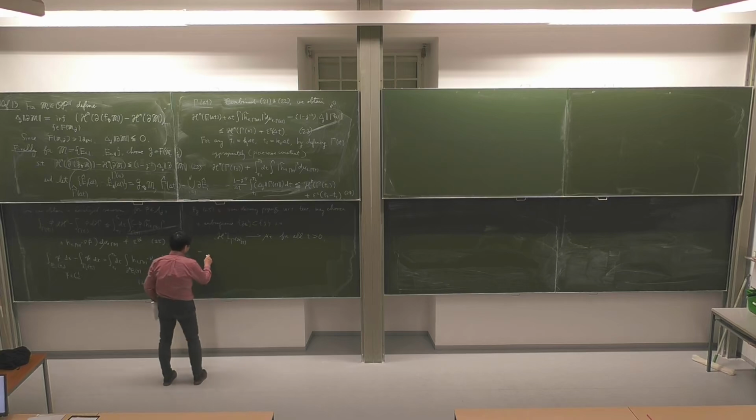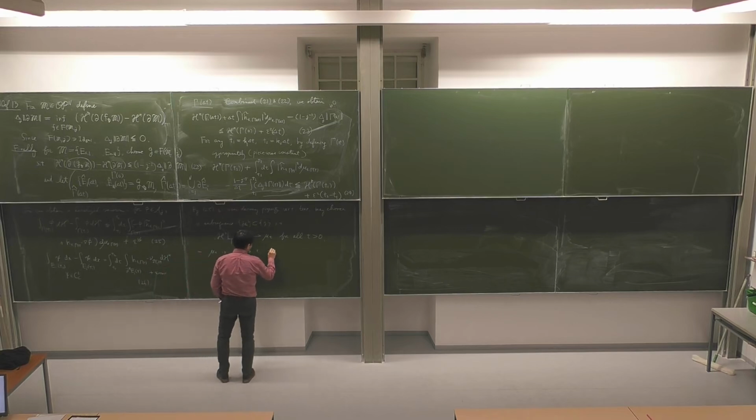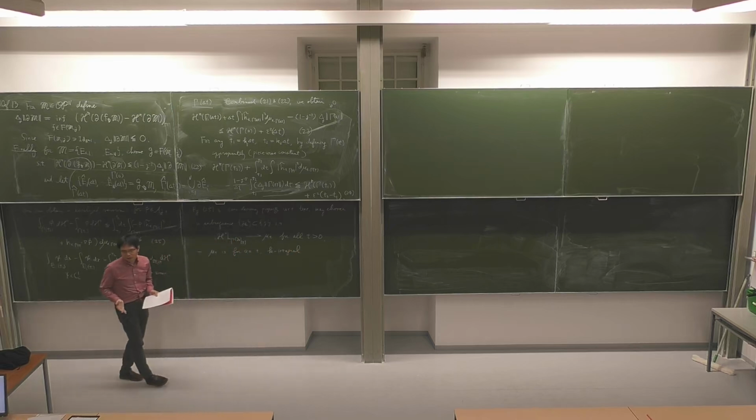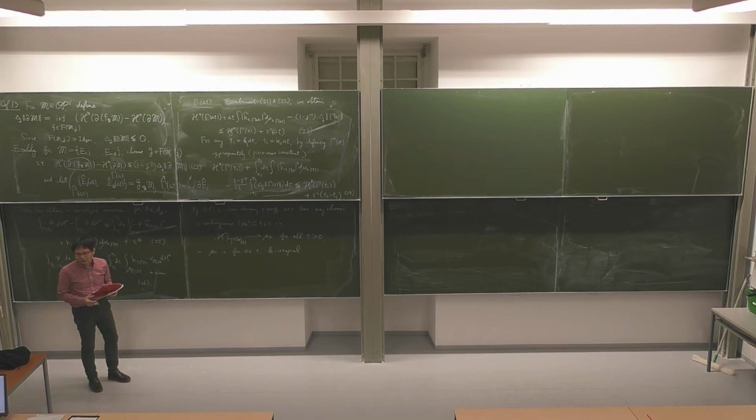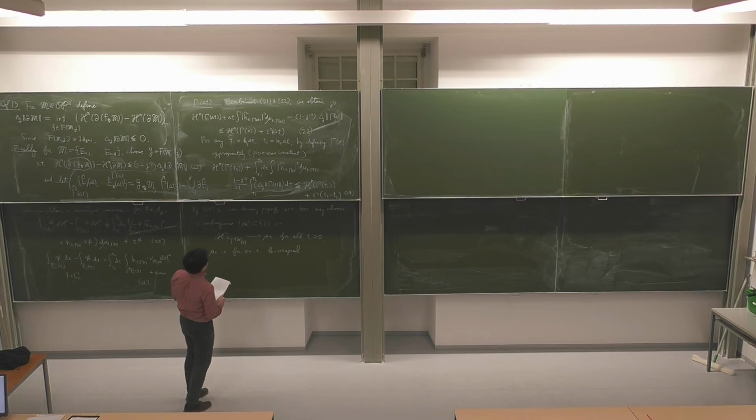But what you can prove is that this mu t, for almost all time, is actually k-integral. That is, it is supported on a k-dimensional set and has integer multiplicity. This part is kind of hard, actually, I must say. But with the remaining few minutes, I'll say a little idea about this.